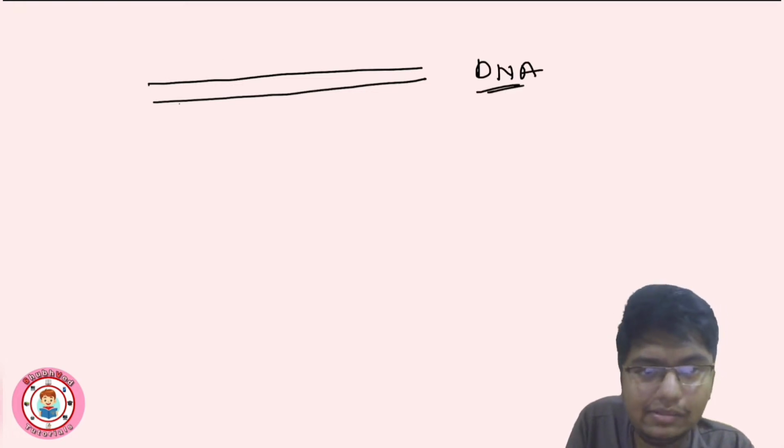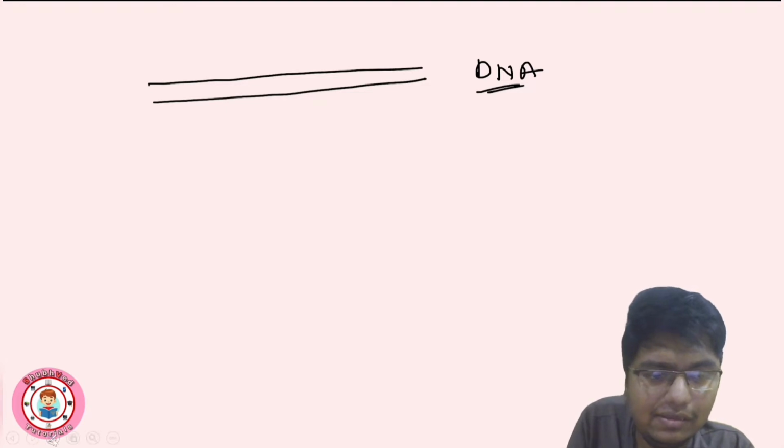I will draw a DNA here. So this is a DNA. Now DNA has a sequence. This is a sequence from here to here. All this region completely consists of a recombination site.